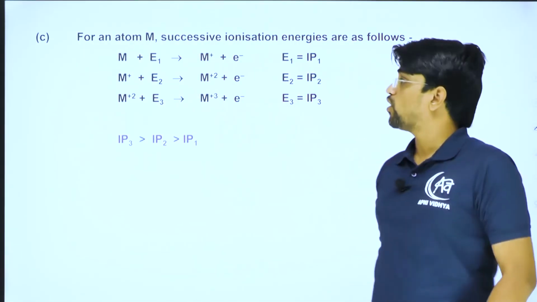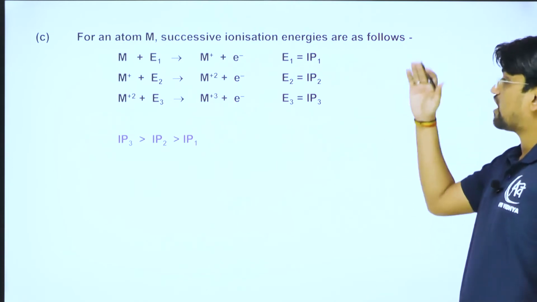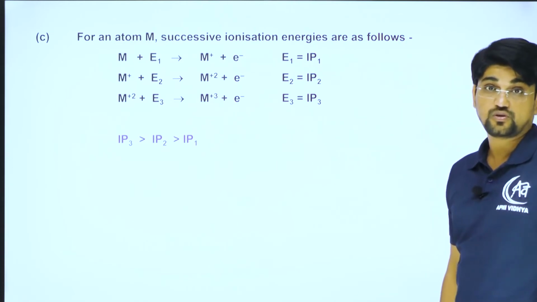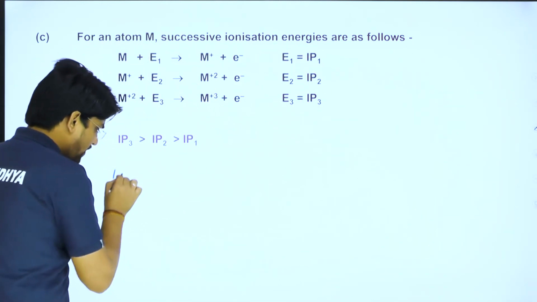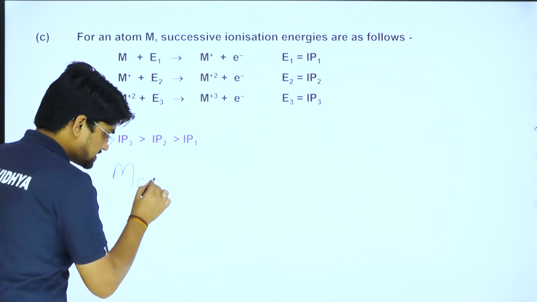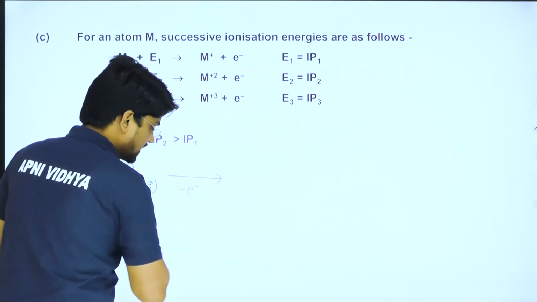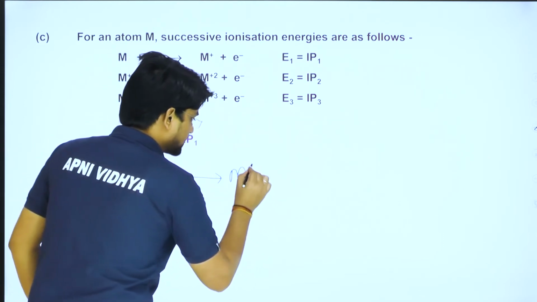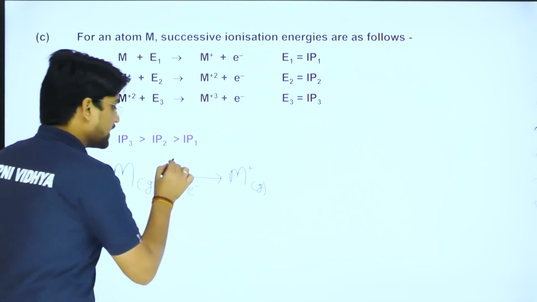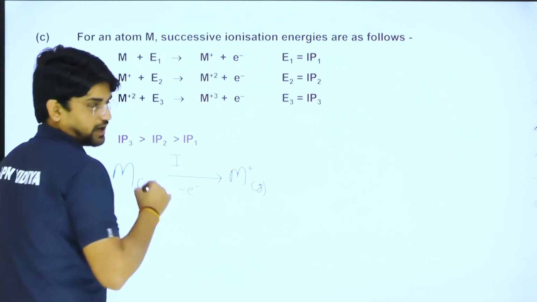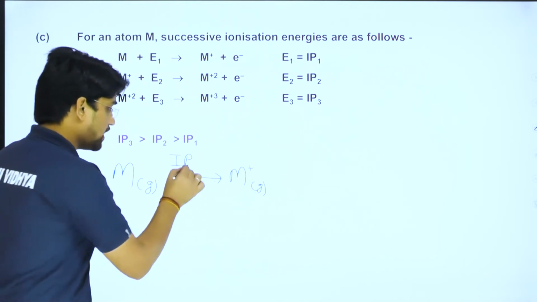Next point. For an atom M, successive ionization energies are as follows. Listen and watch. You have an atom M in gaseous state. You removed an electron, and the atom converted into M plus ion. You have provided the energy, let us consider IP1.